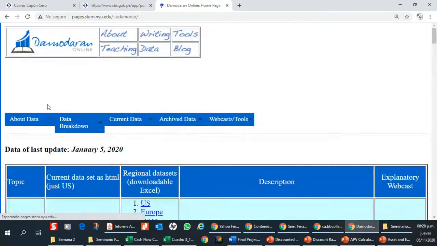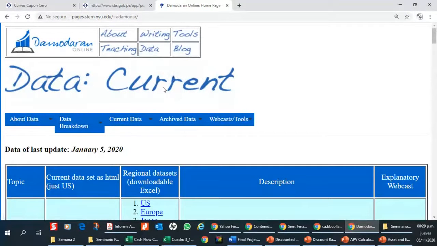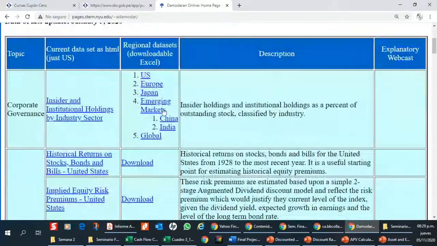He updates this every January. The benefit he gets by giving this information for free is that it has become the standard. His calculation of betas and of the risk-free rate has become a standard. If somebody says, yes, I'm using Damodaran's data, it's enough support to not question that information at all.